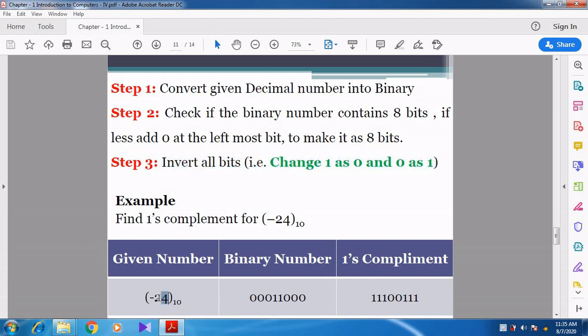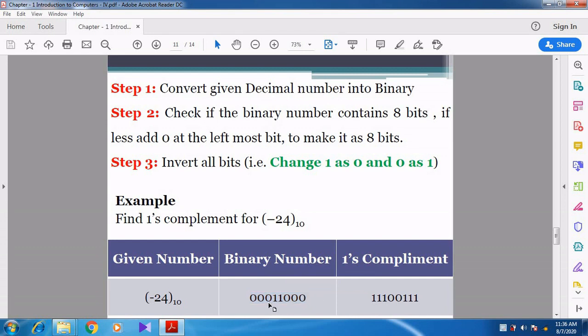First of all, the given number is converted to binary number. Then what are they doing? After converting, you want to invert all the bits, that is change 1 to 0 and 0 to 1. So for that we take the binary number. What is the binary number? 000 11 000.